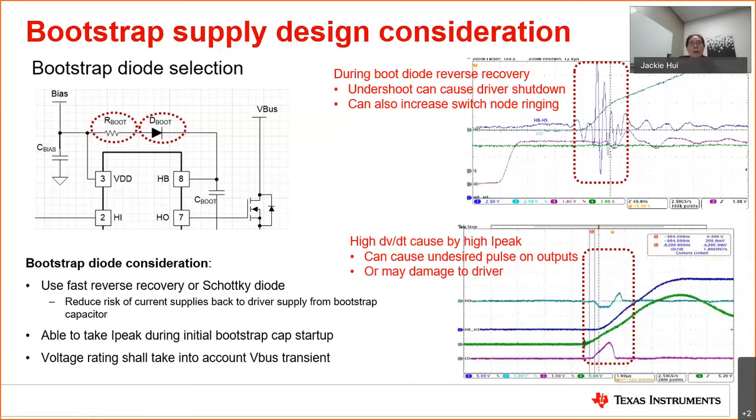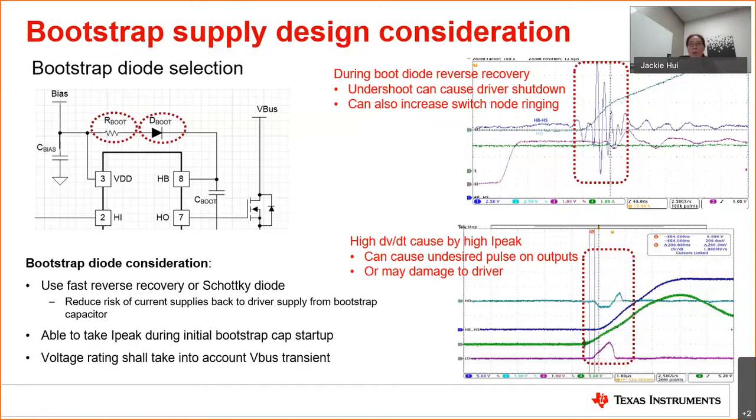Now, besides picking the components or the ratings for the boot diode, another thing to consider is the dV/dt that happens during the charging event of the bootstrap diode. Too high of a dV/dt can pose issues to the driver.